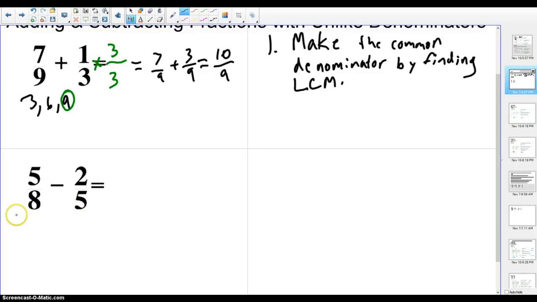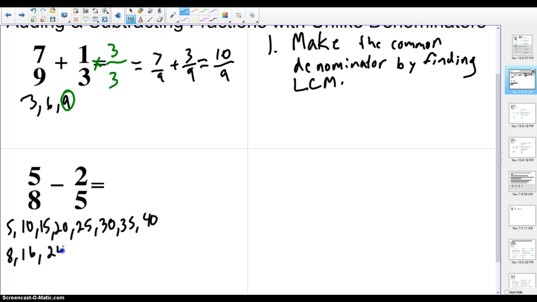So we list the multiples of 5 and we go up: 5, 10, 15, 20, 25, 30, 35, 40. And we do the same thing with 8: 8, 16, 24, 32, 40. Perfect. We have a common multiple of both of these that are the same.